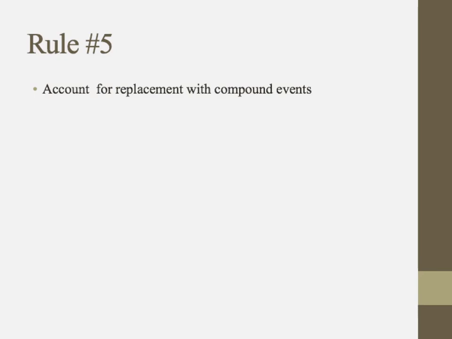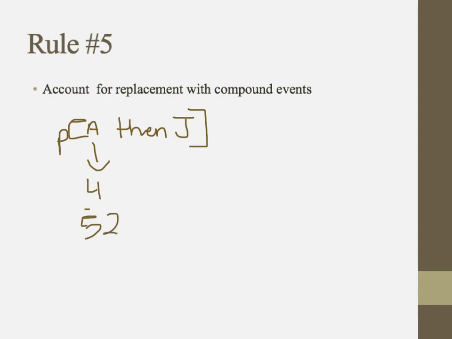So for example, in the card example before, where we were looking for ace then jack, we basically said that we had a chance of 4 out of 52, and then 4 out of 52 again.